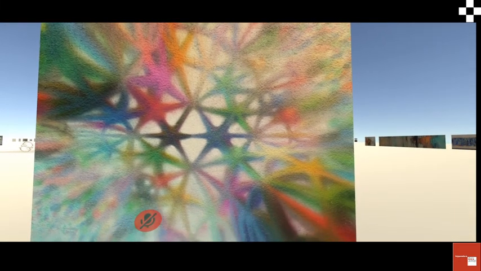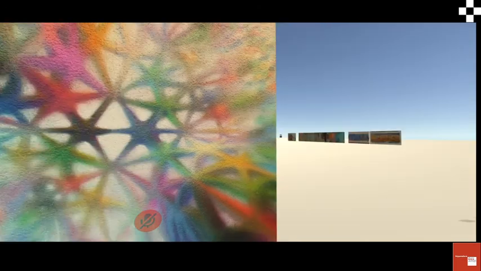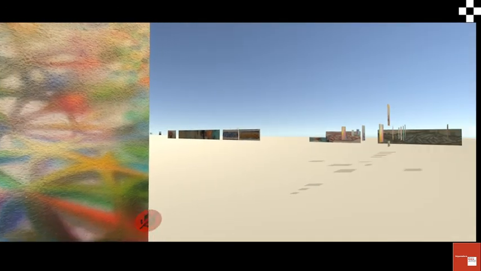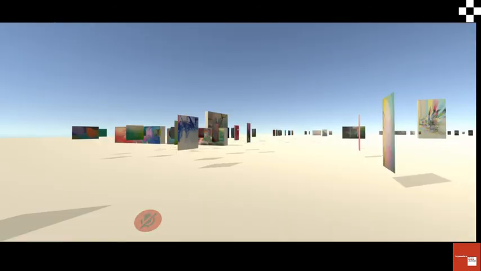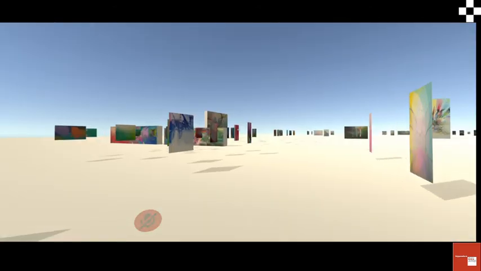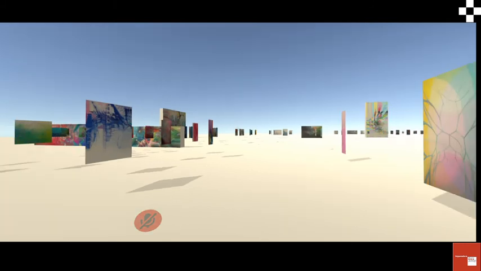It has negative curvature. And there are a few paintings with this surface I did here.